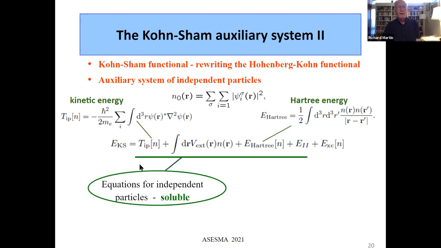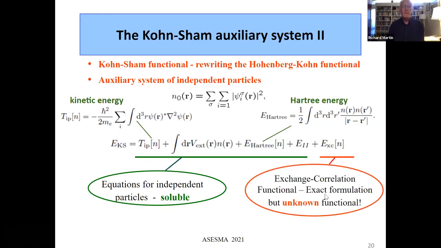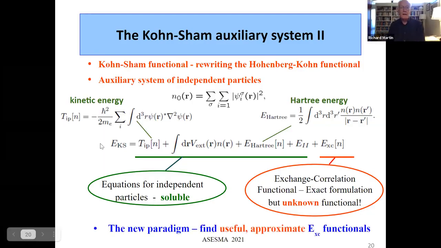So we now have sets of equations that we believe will be soluble because they're just independent particle expressions, and everything difficult is buried in this exchange correlation term. As we've said, that's unknown. If it were possible to get the exact functional, you'd have the exact answer. But what it really did was provide a new paradigm for how to deal with many-body systems: find useful approximations for this functional.